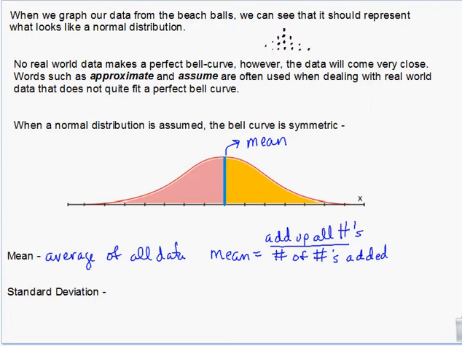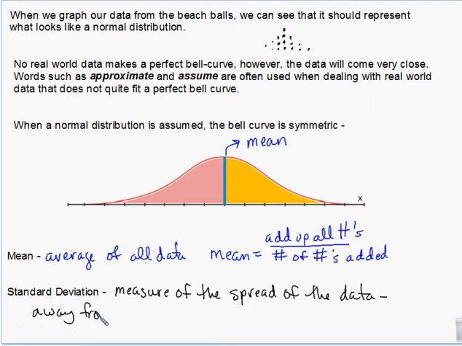Okay, our standard deviation is a measure of the spread of the data. That's actually a measurement of the spread of the data away from the mean. Now, a bell curve is symmetric. That doesn't mean they're all going to be the same height.